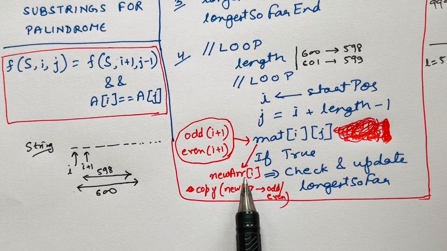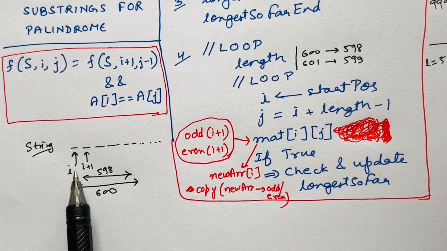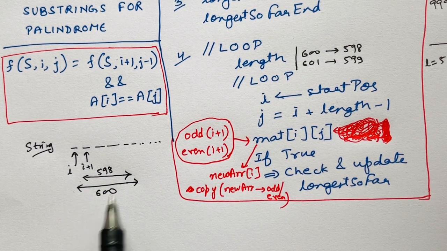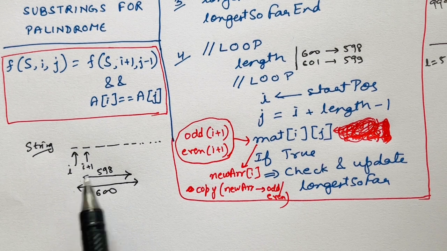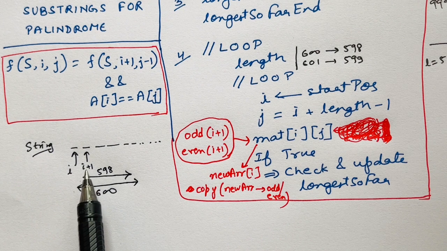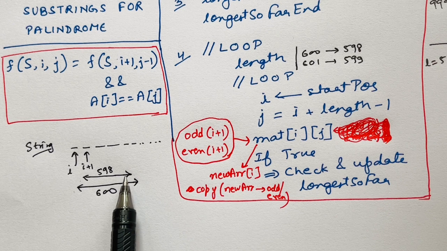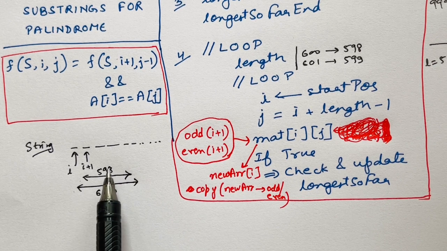What does that mean? We want to figure out if the substring that starts from position i and is of length 600 is a palindrome or not. Now for that, apart from the extreme characters, we also need to know whether the substring that starts just from the next character, which is i plus 1, but is of length 598, is a palindrome or not, right?